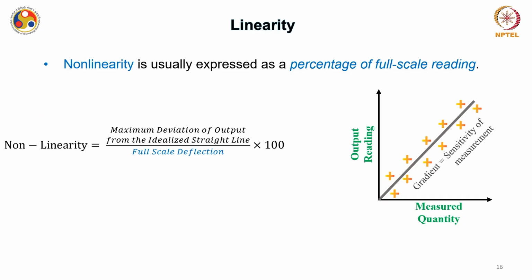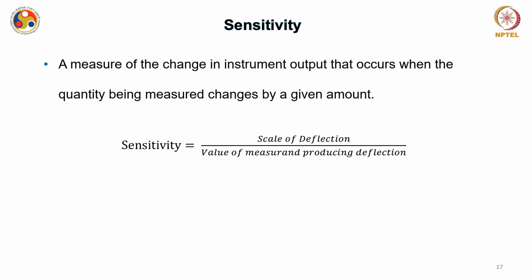Mathematically, it can be found by this equation: maximum deviation of output from the idealized straight line divided by the full scale deflection, multiplied by 100. So, this is say the output reading versus measured quantity curve, and this is the straight line; from the deviation from this straight line in a curve, I can find the non-linearity of the device.